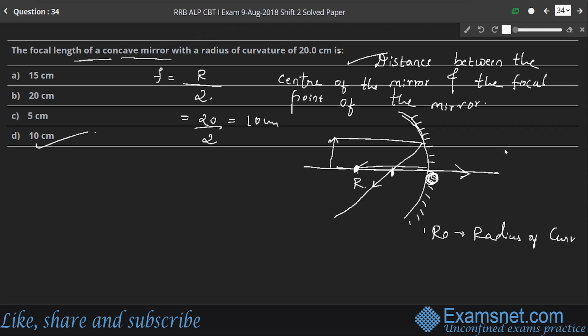So the distance between the center of the mirror and the vertex, which is located on the optical axis, is called radius of curvature. Half of it is the focal length.